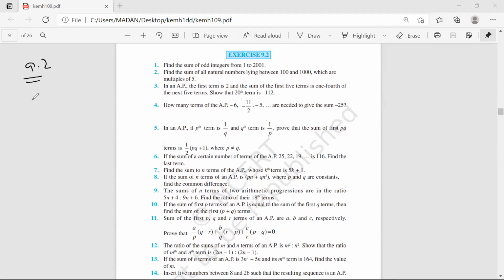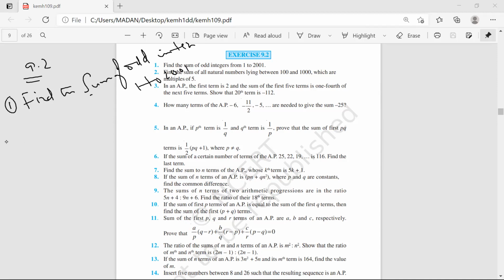Find the sum of odd integers from 1 to 2001.